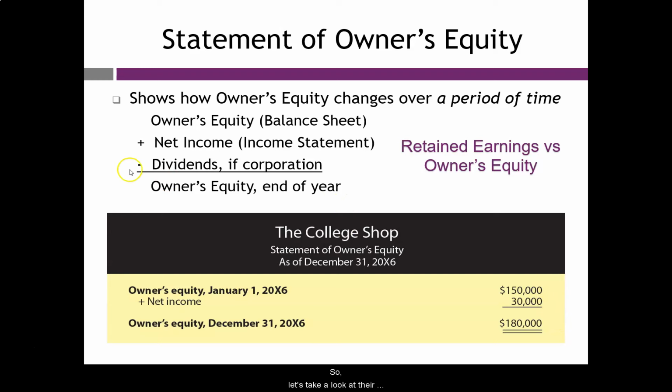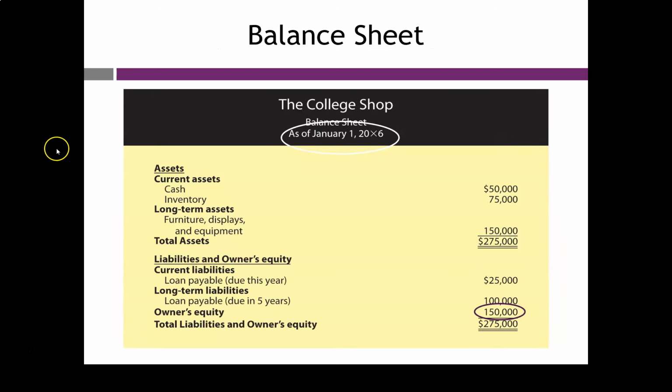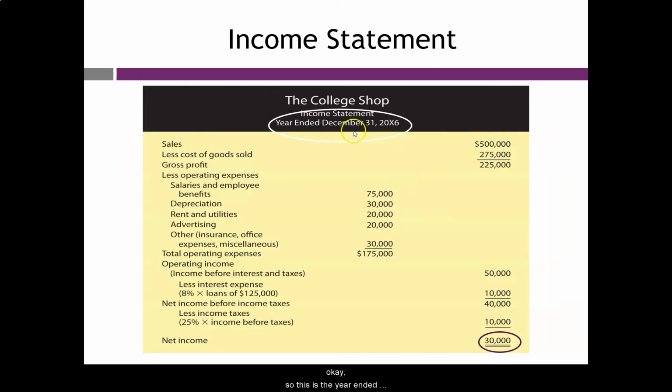So let's take a look at their balance sheet and their income statement to see where they grab these things. That's the balance sheet we looked at on Monday. So as of the beginning of the year, January 1st, they had owner's equity of $150,000. During the year, okay, so this is the year ended December 31st, they made $30,000 in net income.